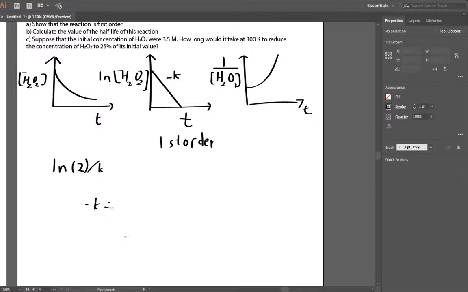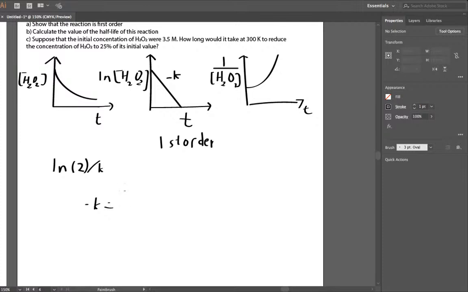Okay, so the slope here. The slope is change in y over change in x. The change in y here is negative.